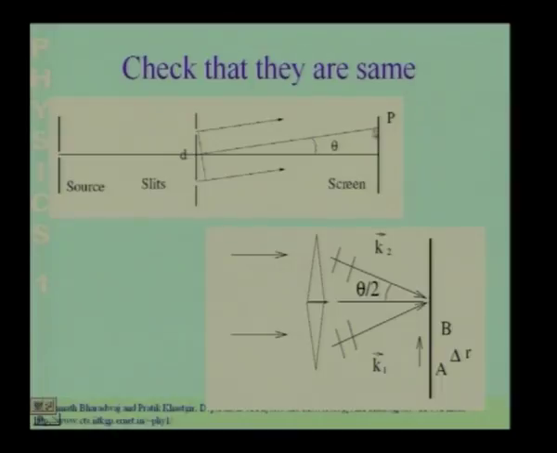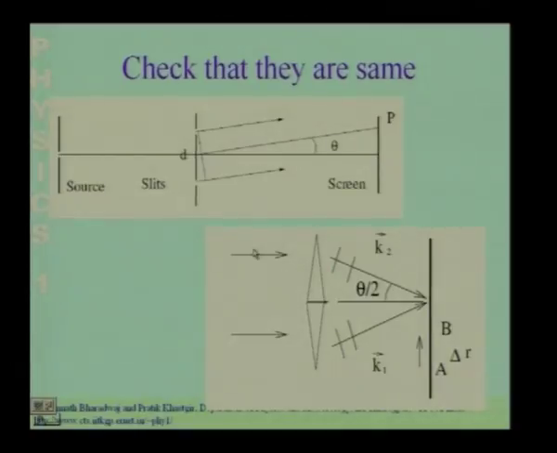So, if you want to calculate the intensity at a point P here, you have to calculate the wave that comes from this slit and the wave that comes from this slit. These 2 waves will be superposed here with a path difference, which will introduce a phase difference, and it is this phase difference which causes the intensity to vary at different points over here. You will get a pattern of dark, bright lines, which are the fringes.